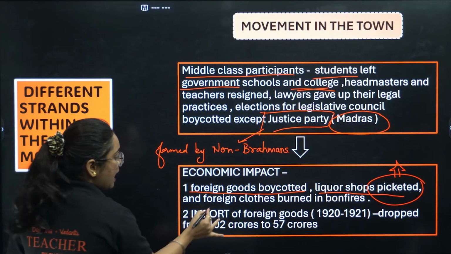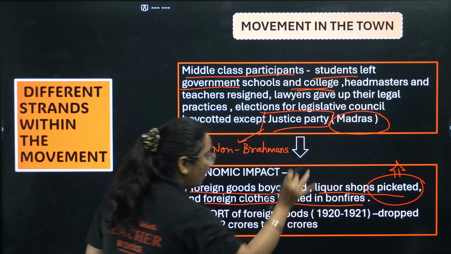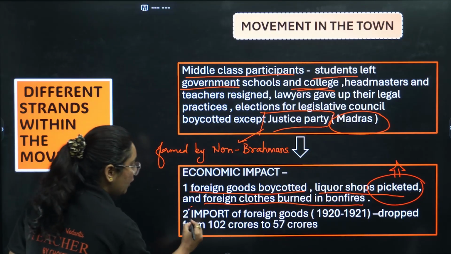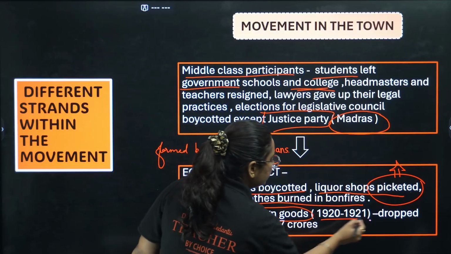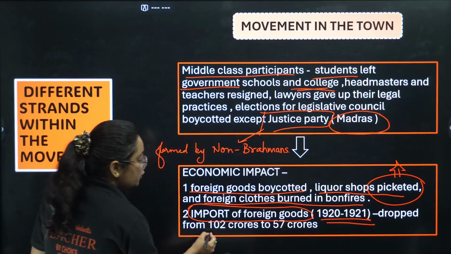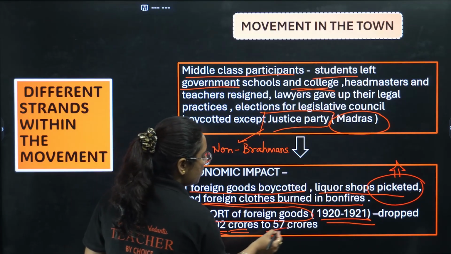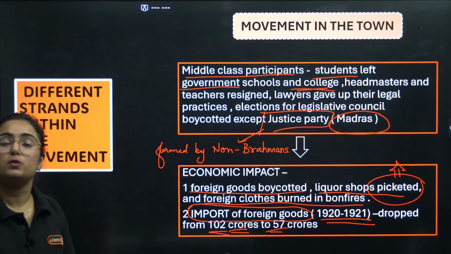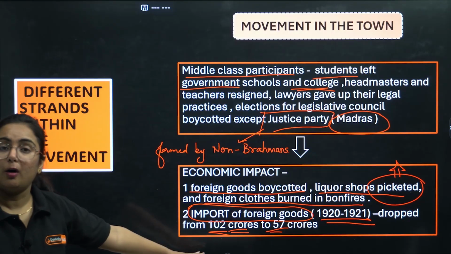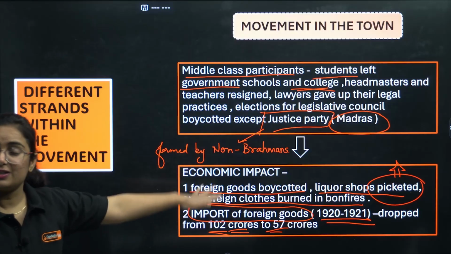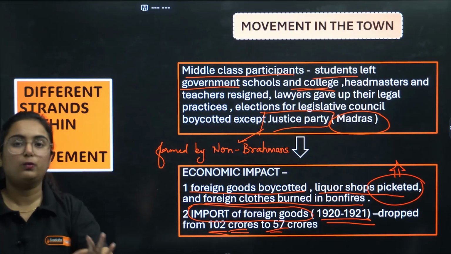Foreign clothes were burned in bonfires. Import of foreign goods in this particular year dropped from 102 crore to 57 crore, and this was a victory for Indians, because we have dropped their economy by half just by boycotting, just by peaceful protest.